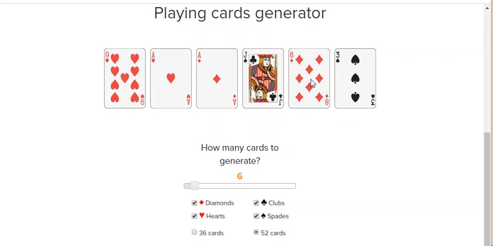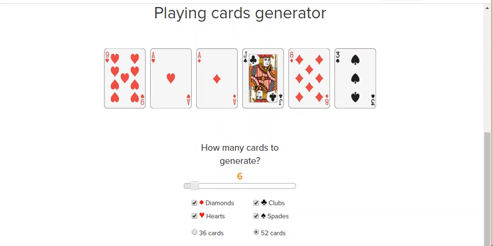In part A, we're trying to figure out how many 6-card hands there are that consist entirely of clubs. And this hand that I've been dealt certainly does not fit that bill, because we only have 1 club here. We're looking for 6-card hands that only have clubs. Can't have any other suits.